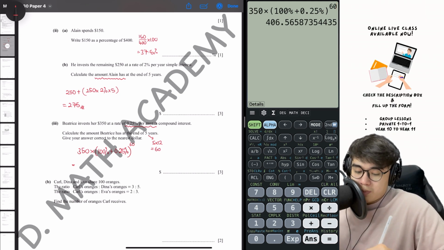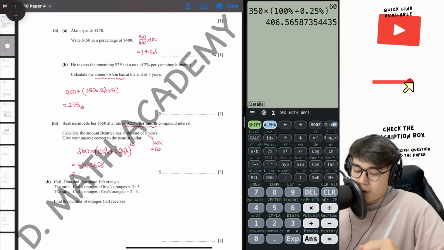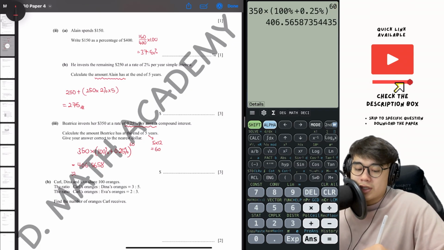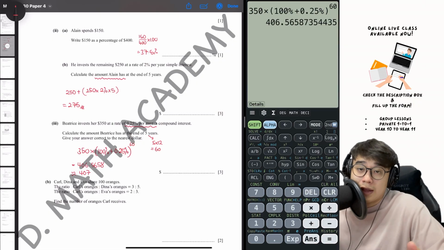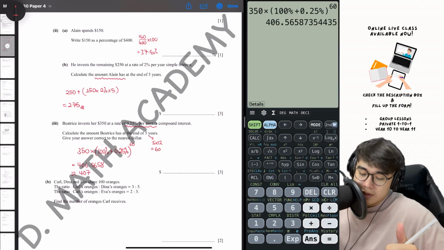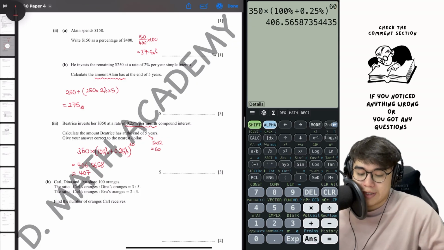So you add it up with the capital and get 406.5658. And since they use the term correct to the nearest dollar, the amount that she has will be 407. Okay, so quite easy so far.